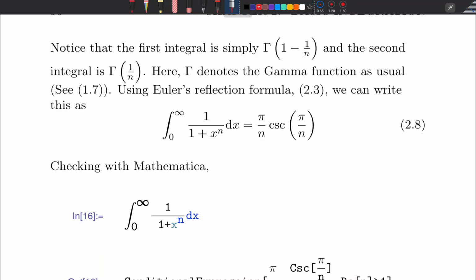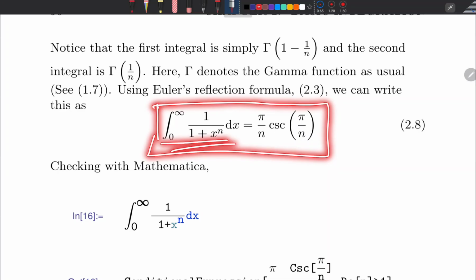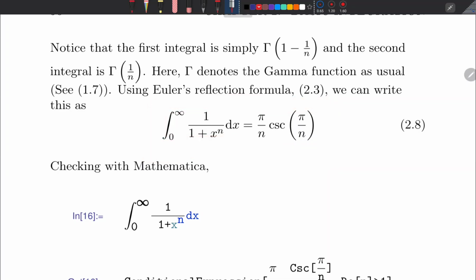In one of my previous videos I have proven this integral as well, actually generalized it. So basically it's pi over sine of pi over n.